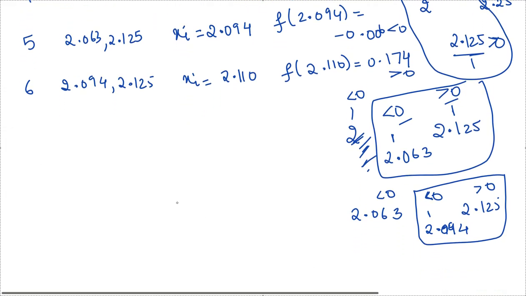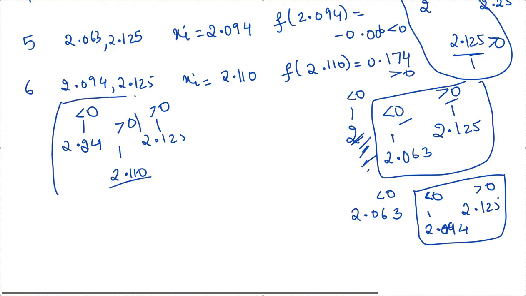So we had 2.094 which was less than 0, then we had 2.125 which was giving us greater than 0, and now we got 2.110 which is again greater than 0. So this value we will include. This is greater than 0. And which one is less than 0? This one, correct. Now our interval would be only this.